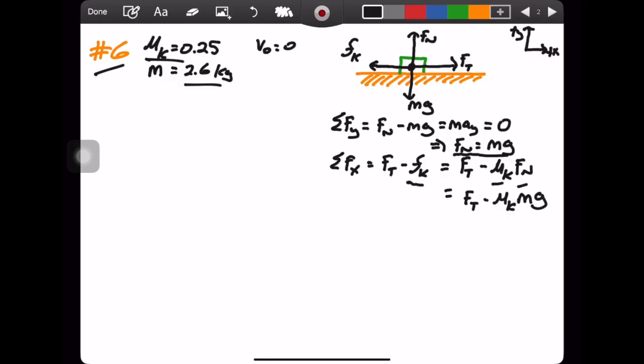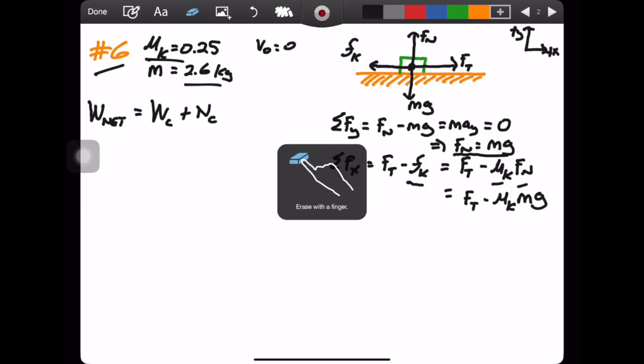Before I go any further, I'm going to say that the net work being done on the block is going to be equal to the sum of conservative forces acting on the block plus non-conservative forces acting on the block.